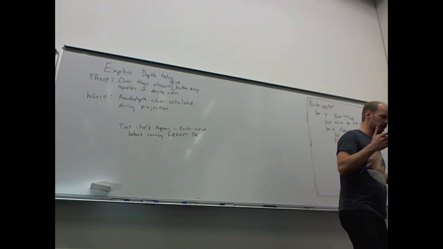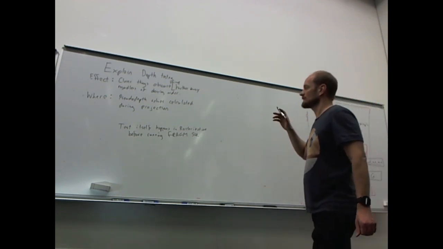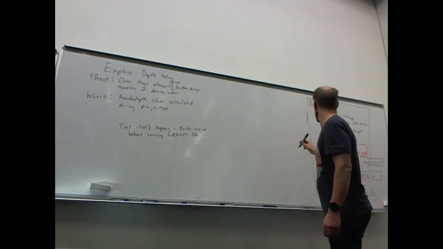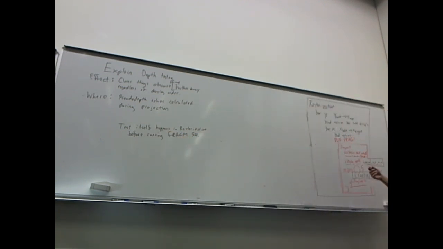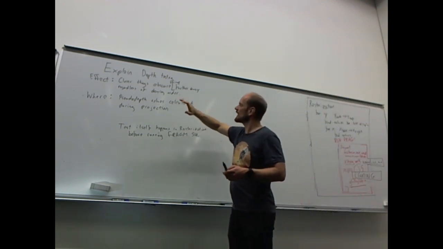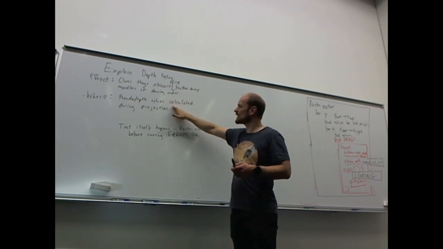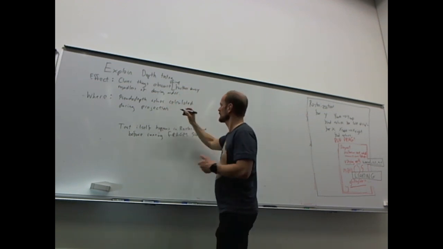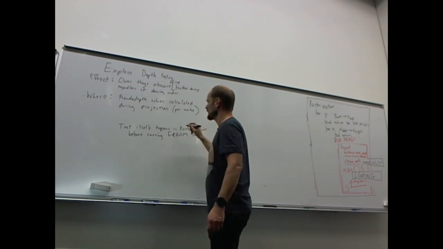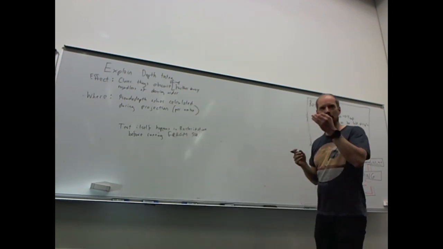But what happens in between? We calculate it per vertex during projection, but the test happens per fragment.